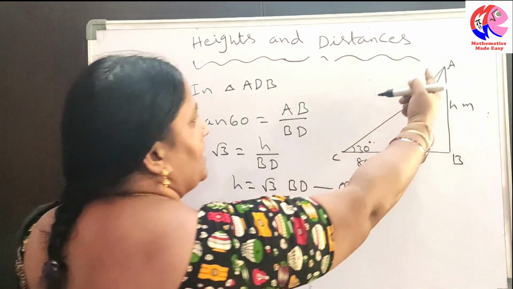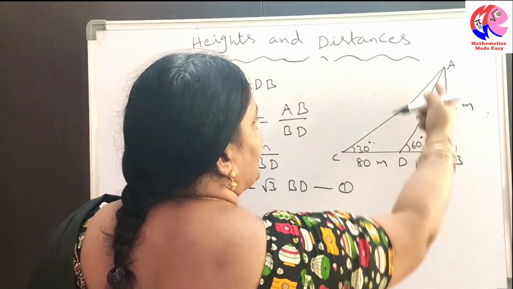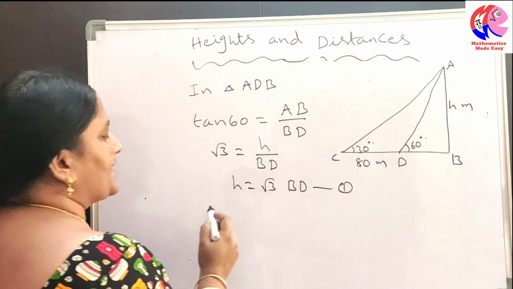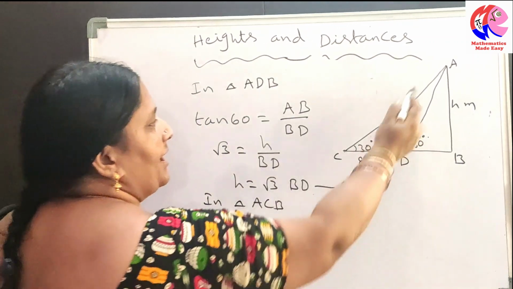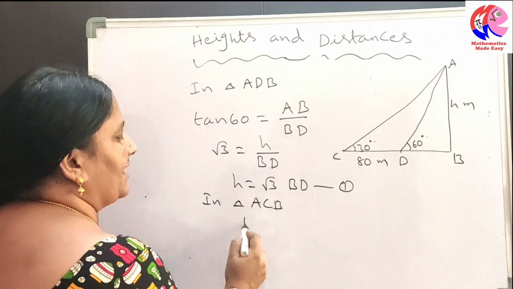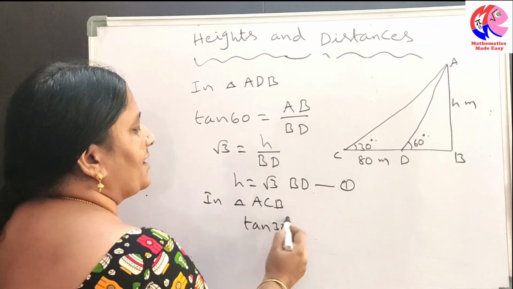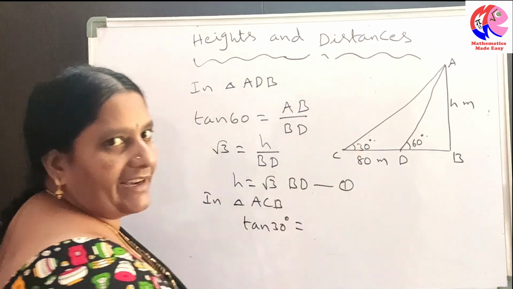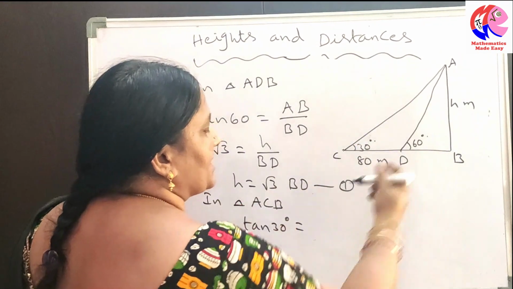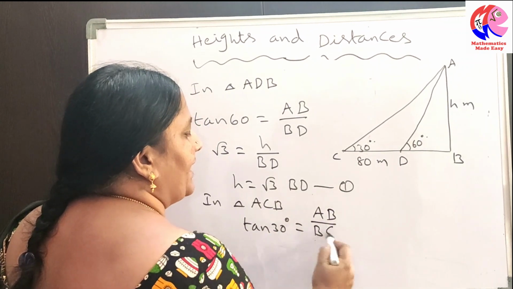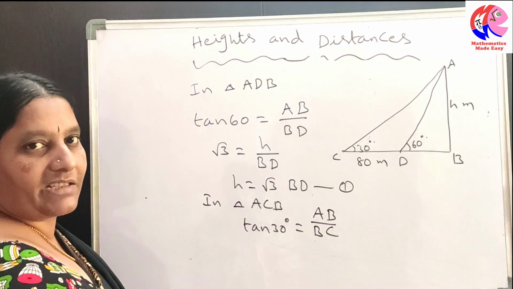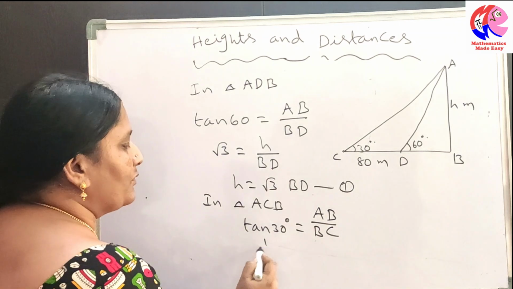Now consider the triangle ACB. In the triangle ACB, we can take tan 30 degrees. Tan 30 degrees, the 30 degrees is here. Tan 30 is equal to the opposite side AB by the adjacent side BC, but we know that the tan 30 degrees value is 1 by root 3.